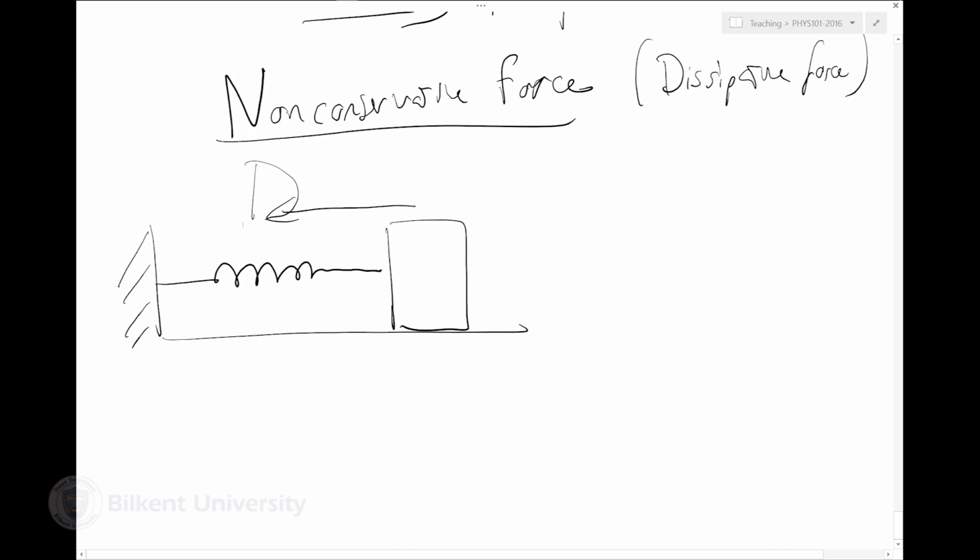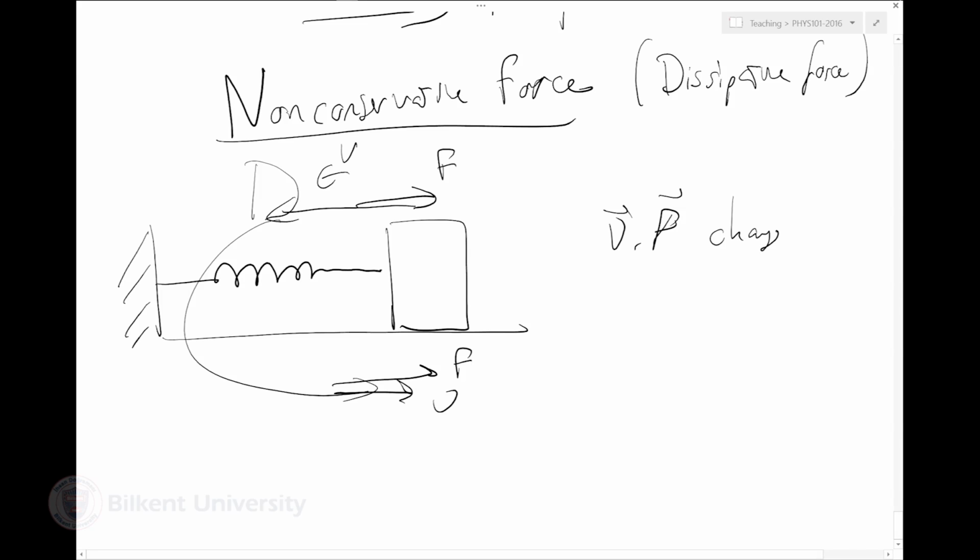But when I'm actually going back, my velocity is this way. The force is actually encouraging motion in that direction, right? So V·F changes sign. It changes sign exactly at each point. The sign is determined by the sign of V.